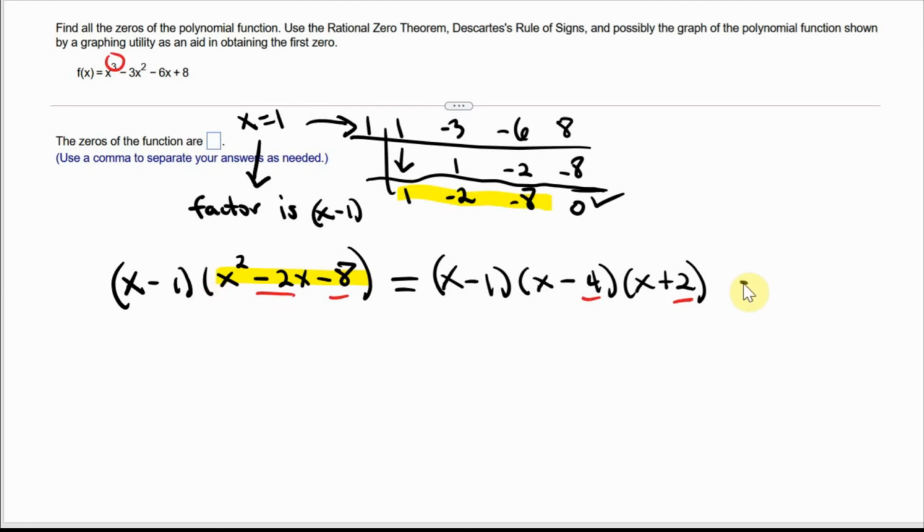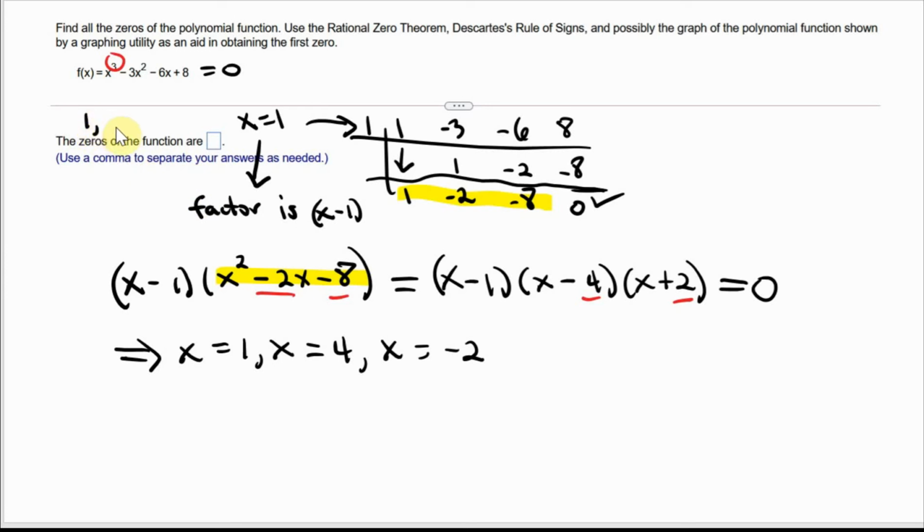So if this be the case, we set this equal to 0 to find the zeros, that is the x values that make the polynomial equal to 0. And so that implies that x is equal to 1, x is equal to 4, x is equal to -2. So you're going to put these values separated by a comma in here. So you just list 1, comma 4, comma -2.